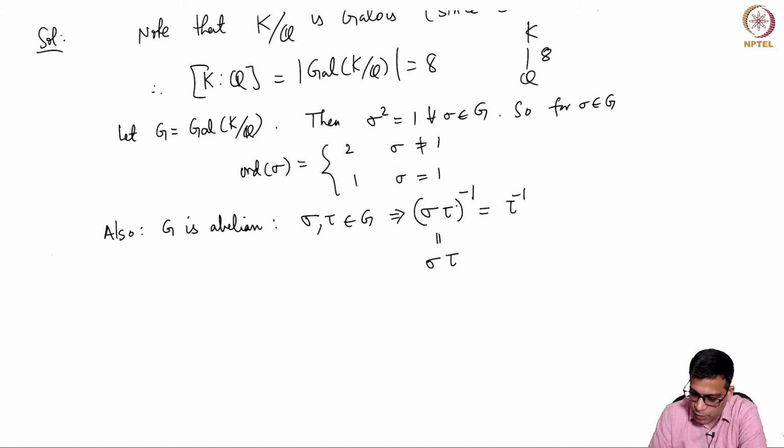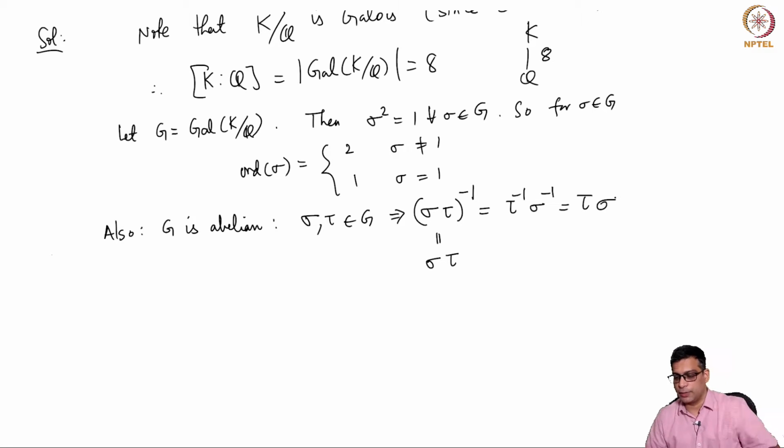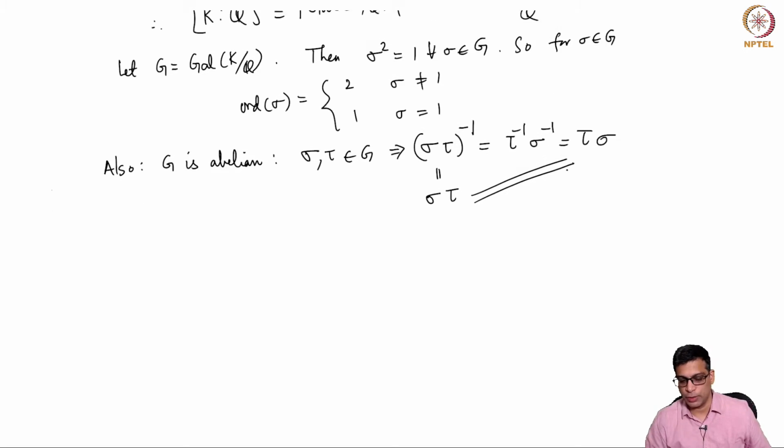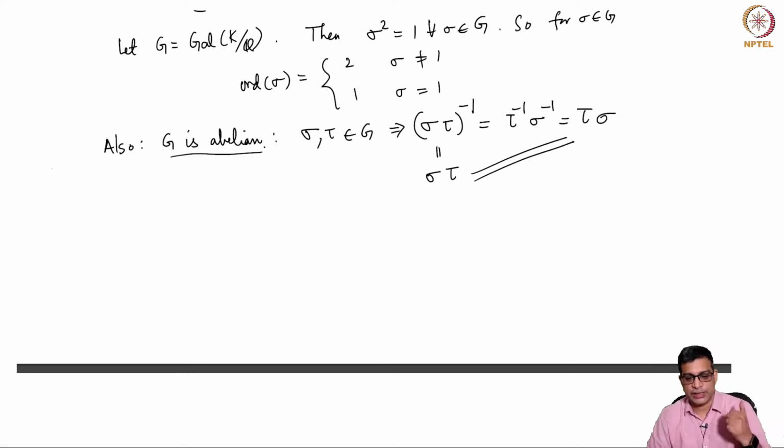So sigma tau equals (sigma tau) inverse. But in any group, if you take the product and take the inverse, you interchange the elements, so (sigma tau) inverse is tau inverse sigma inverse. But tau inverse is tau and sigma inverse is sigma. So sigma tau is equal to tau sigma. So G is an abelian group of order 8, and every non-identity element has order 2.